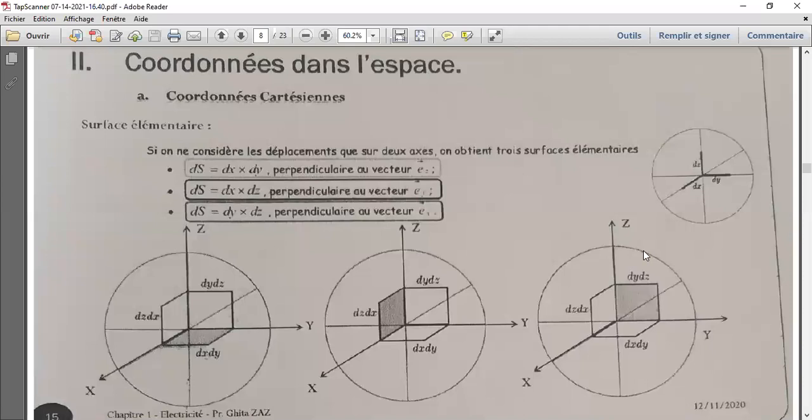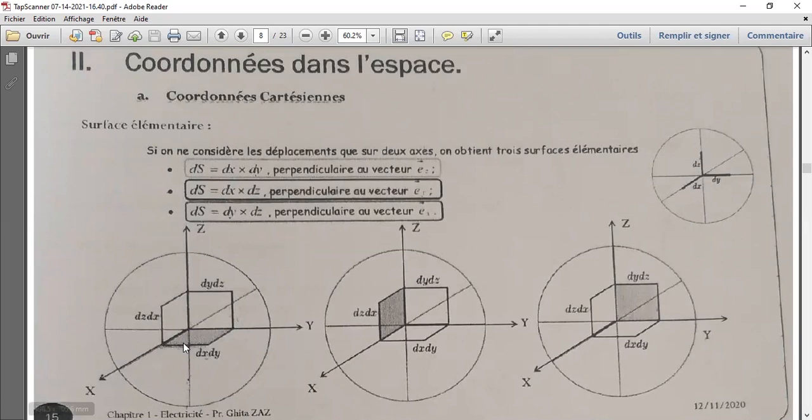There's just a small addition in 3D, which is actually not really complicated. You know that a surface is only calculated with something which is in a plane, where there's only one face.